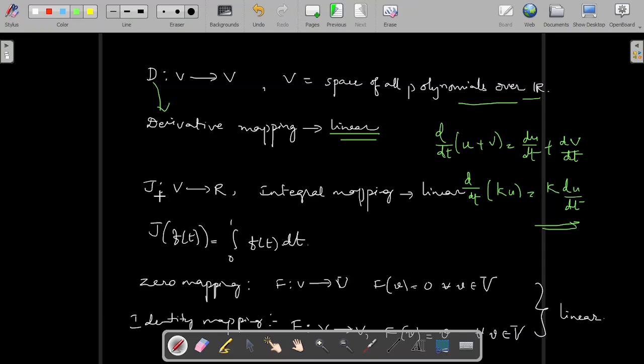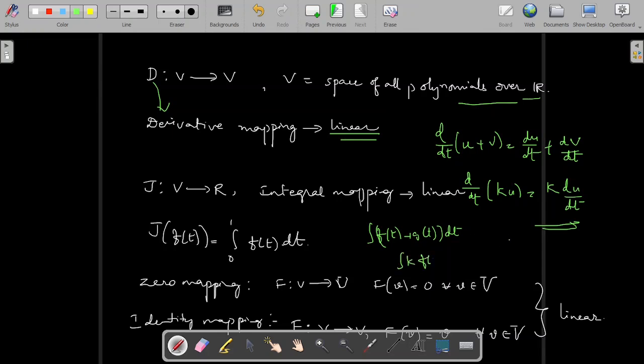Similarly, the mapping J, that is the integral mapping from the vector space of all polynomials over R to R, meaning definite integral, that is also linear, because integral of (f of t plus g of t) dt, you know that you can split it as integral of f of t dt plus integral of g of t dt.